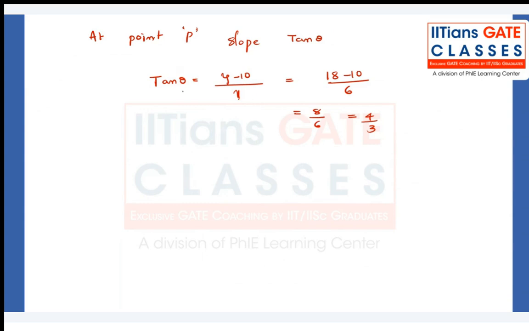Now cot theta is equal to 3 by 4, right? Now substituting cot theta and the vx value.